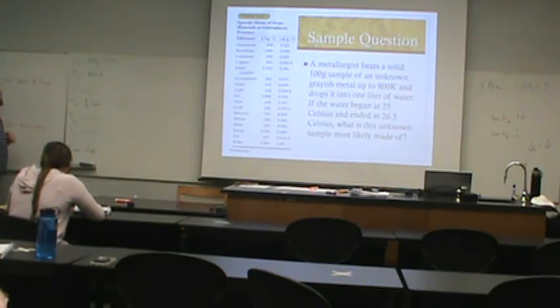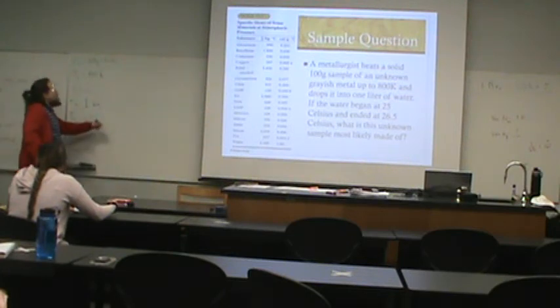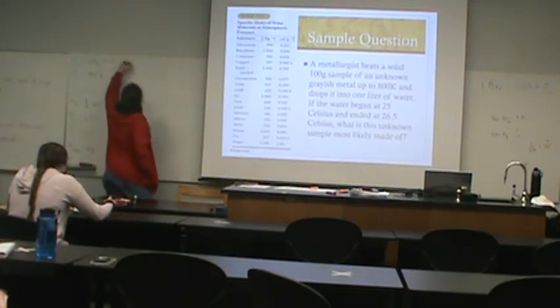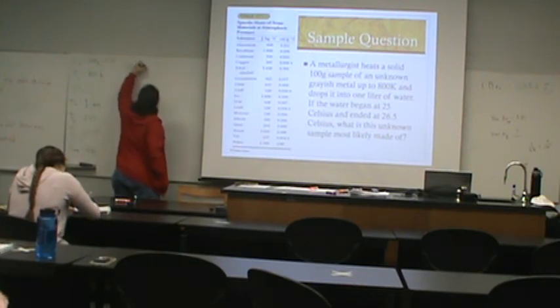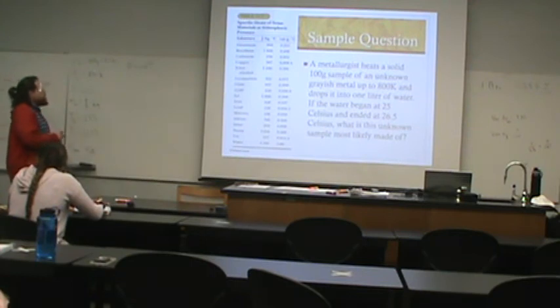So, what formula or formulas should we start from? Very good. So we've got Q equals MC delta T, but this refers to only one of the 2 materials at a time. There's another thing we have to do to set them equal to each other.